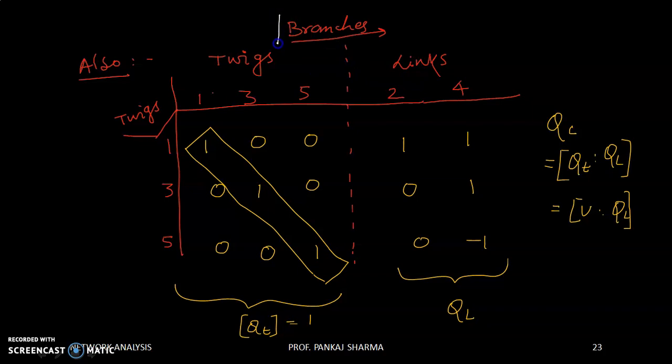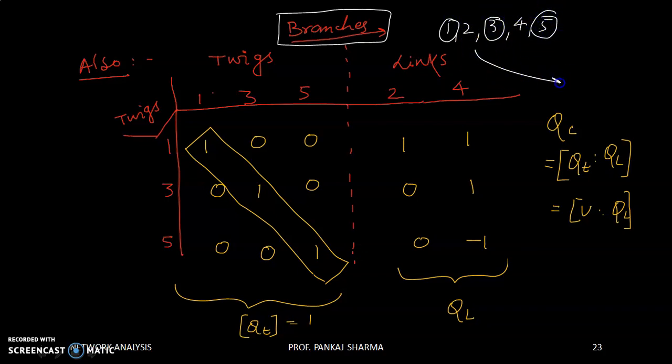Among the branches 1, 2, 3, 4, 5, there are twigs 1, 3 and 5, and link number 2 and link number 4. These are links. So we have separated like this, one side twigs, one side links.